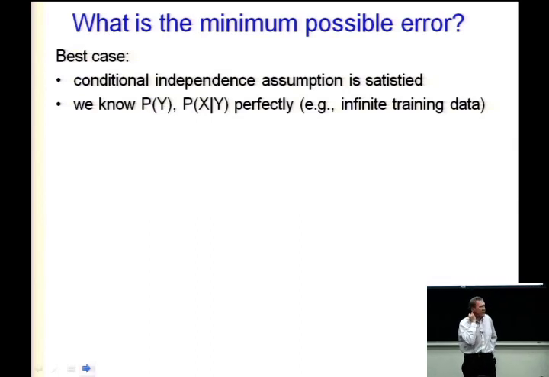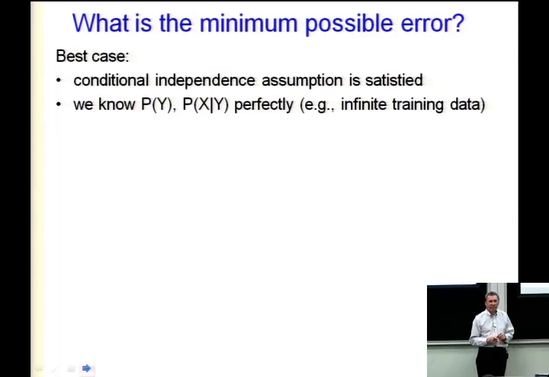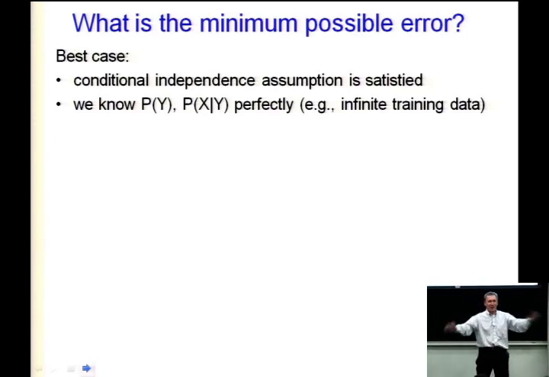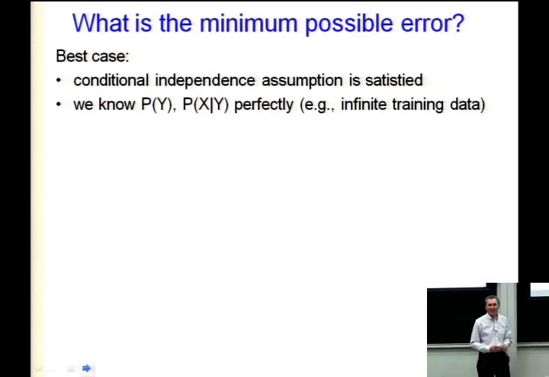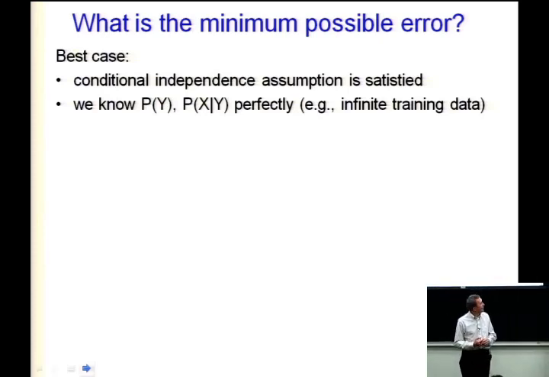So what's the best case? The best case is going to be if the conditional independence assumption of naive Bayes is truly satisfied, and we have, let's say, infinite training data, so we can perfectly estimate P of y and P of x given y. Or somebody just tells us what these distributions are. We're omniscient. We know P of y and we know P of x, either because we have infinite data or somebody let us in on the answer.